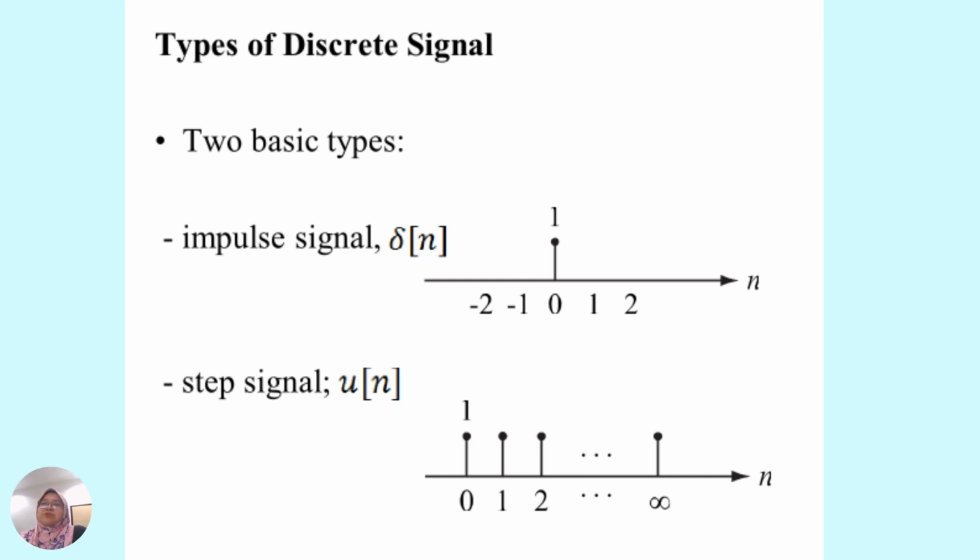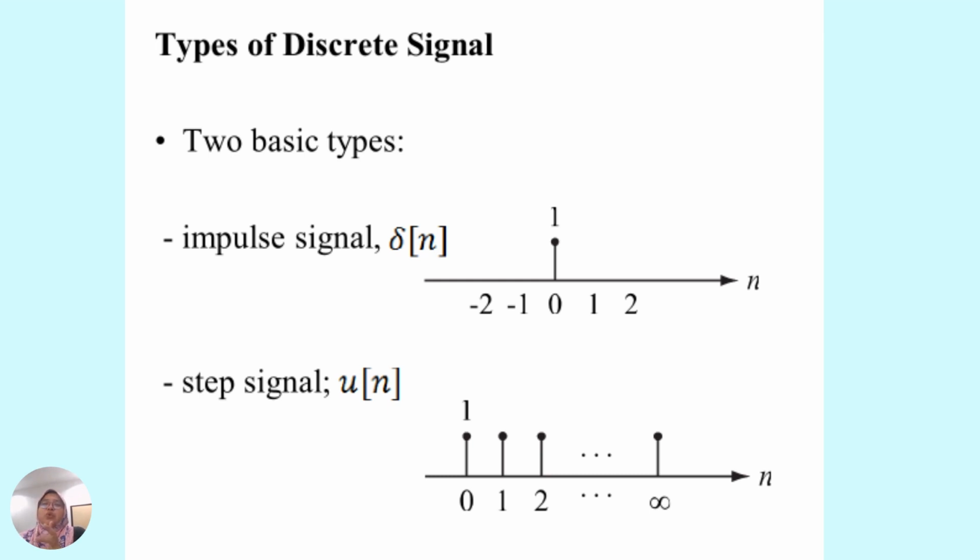The two basic types of signal are, first, the impulse signal, delta[n]. The impulse signal is just one signal with the amplitude of 1 at n equals 0.